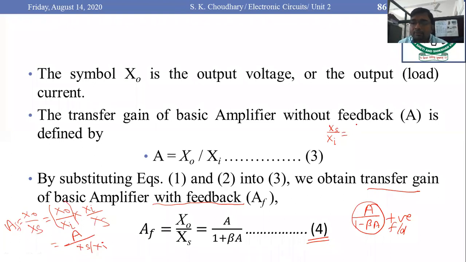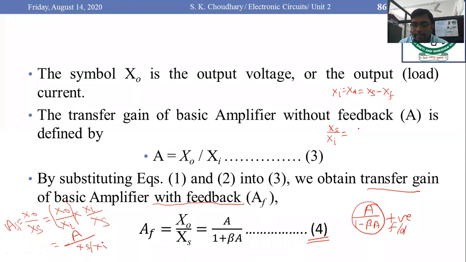We have defined the difference signal Xi as Xs minus Xf.